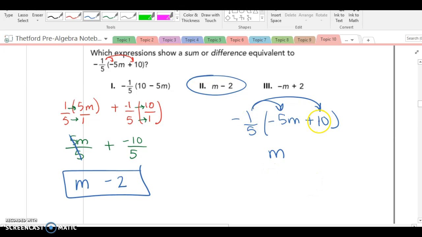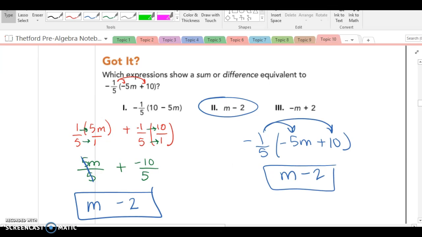And then 1 times 10 gives me negative 10, divided by 5 gives me negative 2. And so it's the same process, just less having to show work, but you do need to know that you multiply your top term by your whole number and then divide by your denominator, but that only works when they're whole numbers.